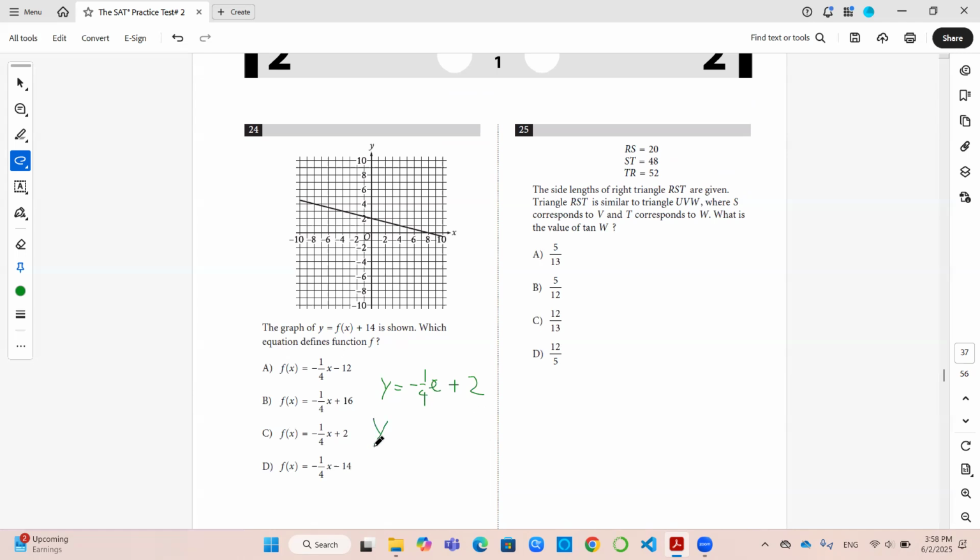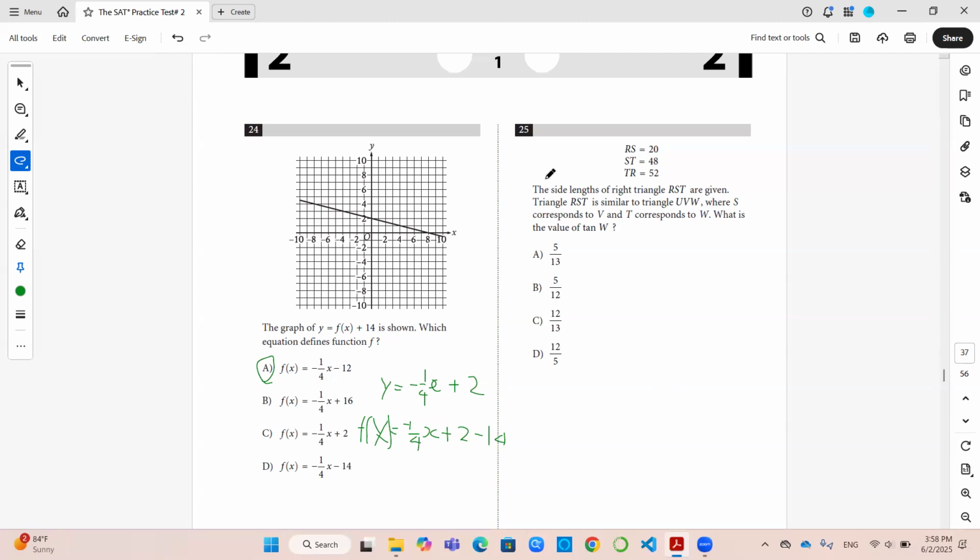So I'm going to go ahead and say minus 14. And this should be f of x, sorry, not y. So what's 2 minus 14? That's minus 12. So A is the correct answer.